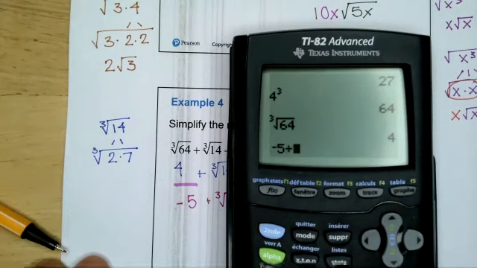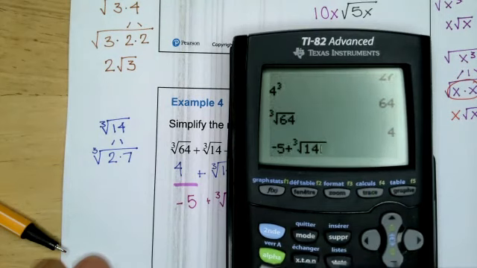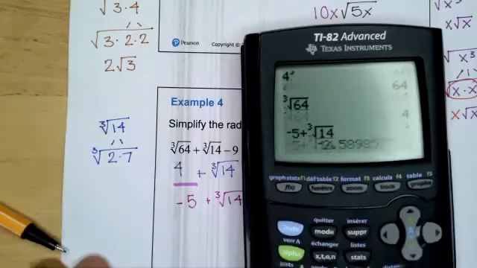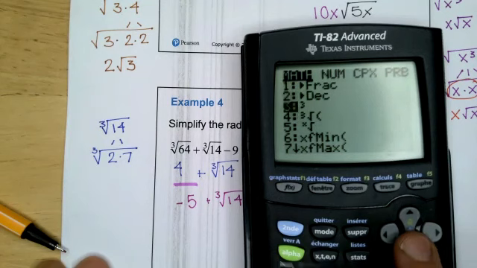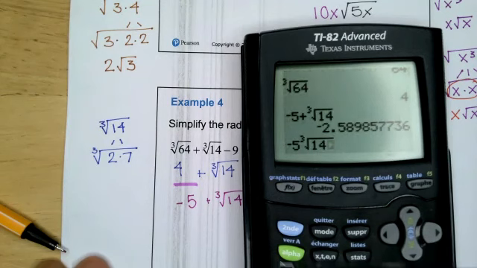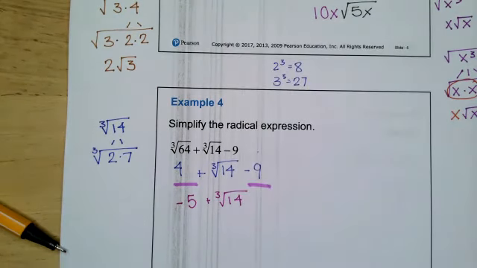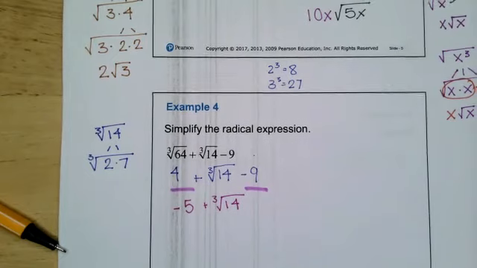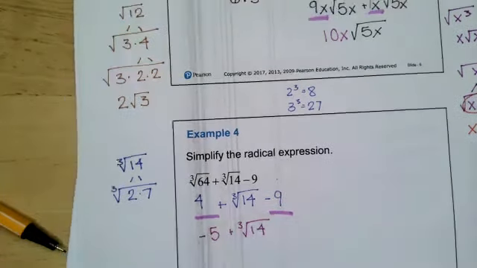Negative 5 plus the cube root of 14 is not going to be the same as negative 5 times the cube root of 14. So make sure you notice the difference. Okay. There's one of those. There's negative 5 of those.